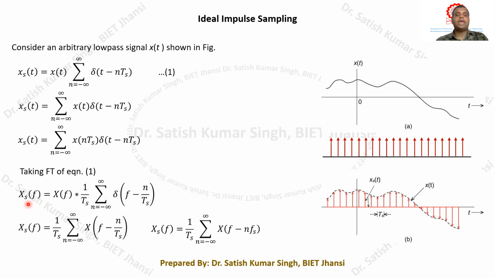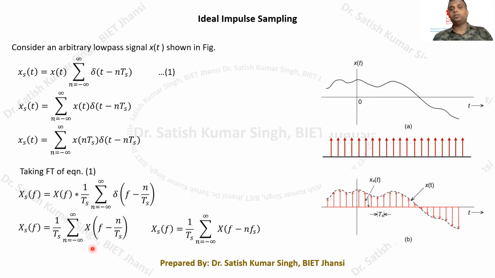Okay, so now if we do this convolution, you will find that the convolution between X(f) and a delta function is converted into X(f − n/Ts). These portions I have already discussed in my previous sections.